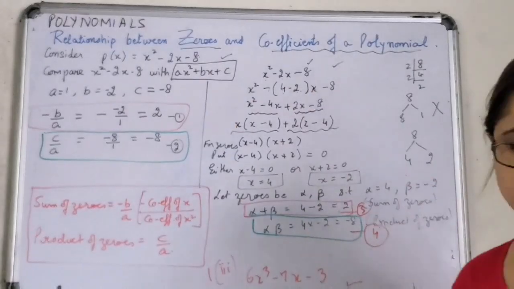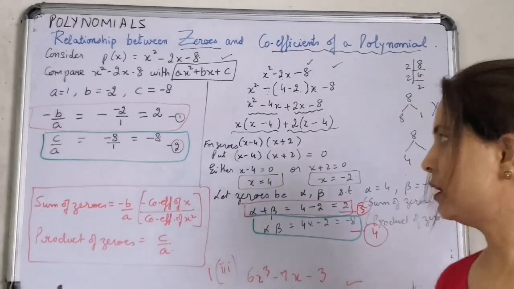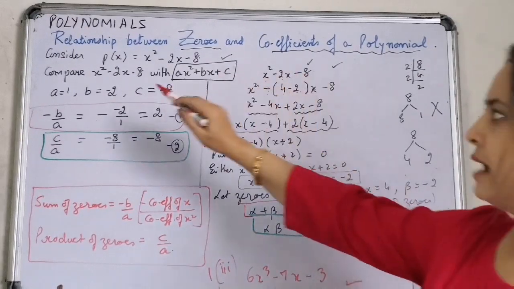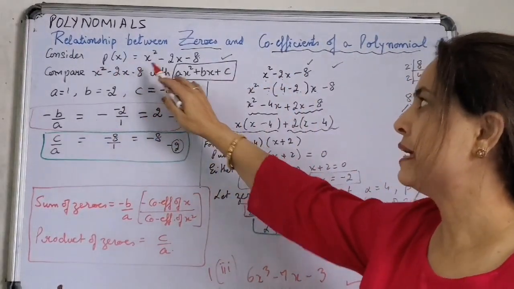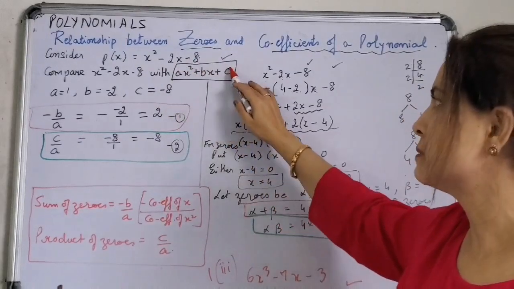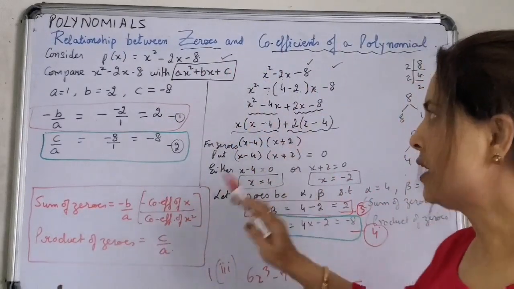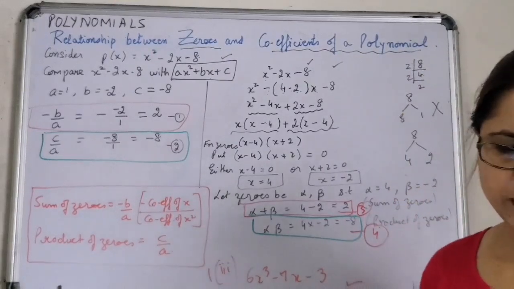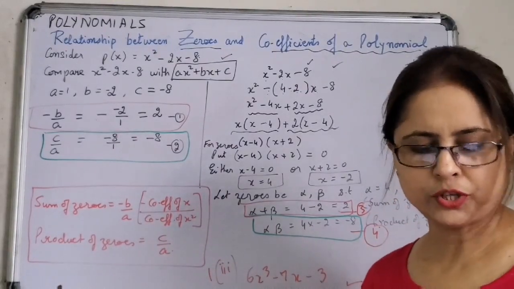I hope you have followed, or I'll explain once again because this is something new for you. We had the polynomial p(x) is equal to x square minus 2x minus 8, right? Our question was, find the zeros of the quadratic polynomial and verify the relationship between the zeros and the coefficients.